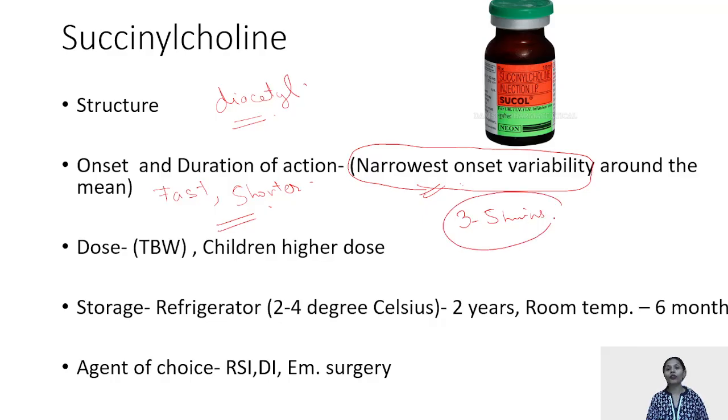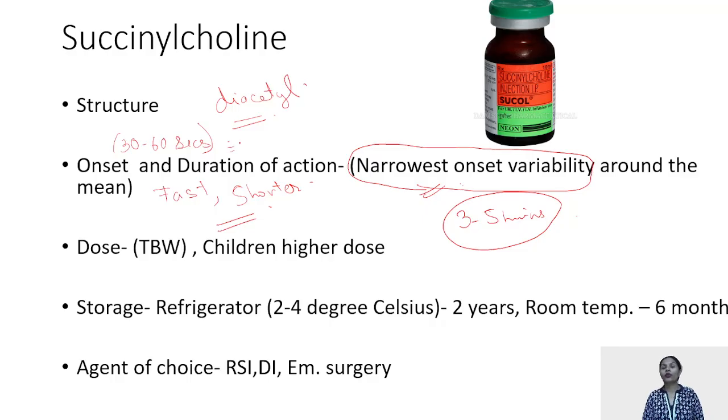And if you all remember, your brain cells can withstand hypoxia for around 8 minutes. Thus, the action of scolin wanes off. The patient regains their own respiration without getting hypoxic. The onset is just 30 to 60 seconds.